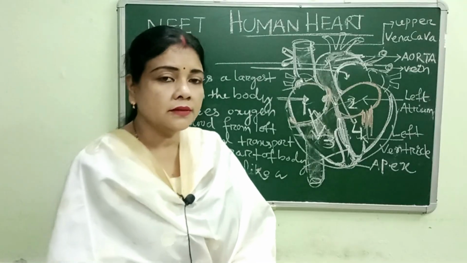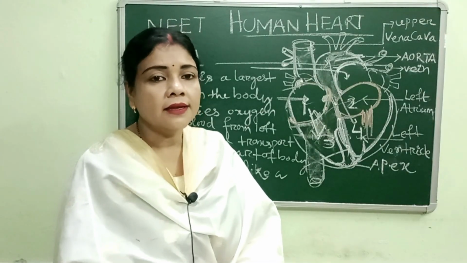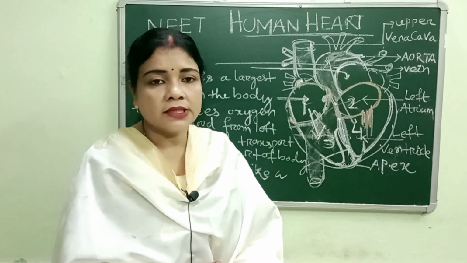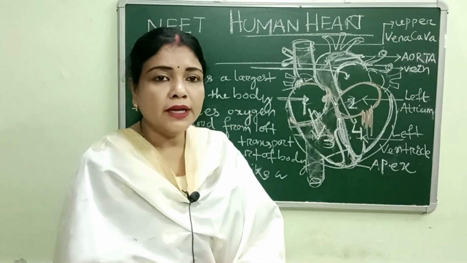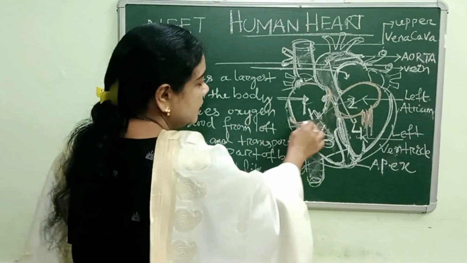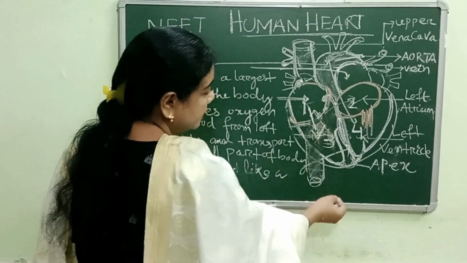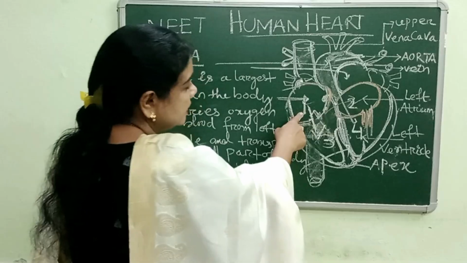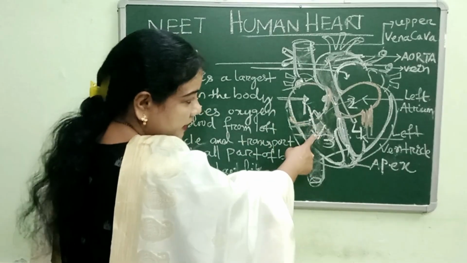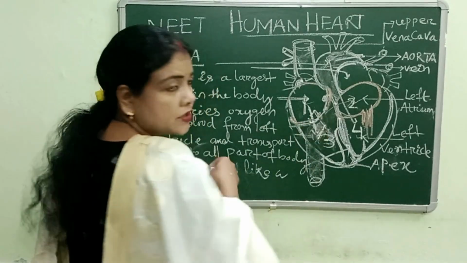These valves just act like a door. They are small tissue valves. The valves open and close in a particular direction. Suppose, for example, when the blood flows from the right atrium to the right ventricle, the valve opens.